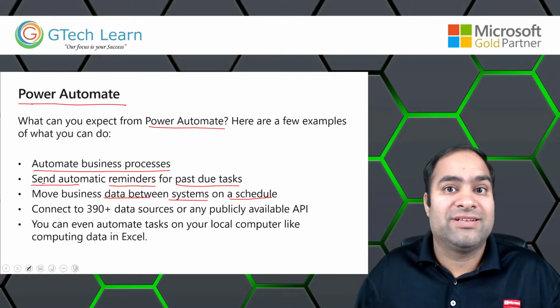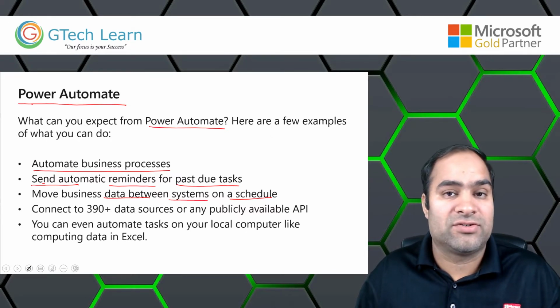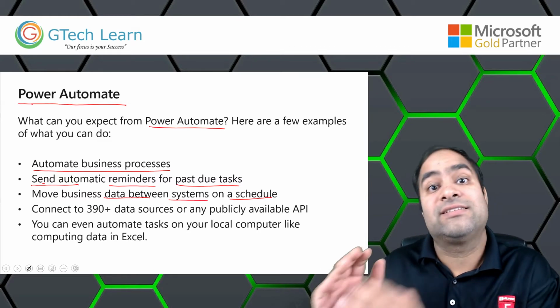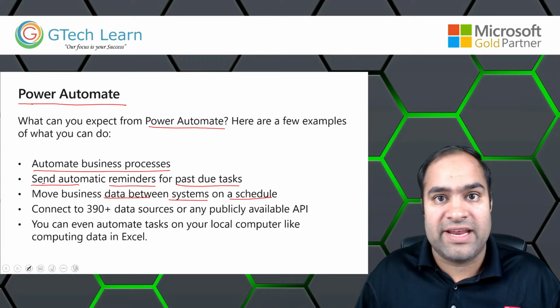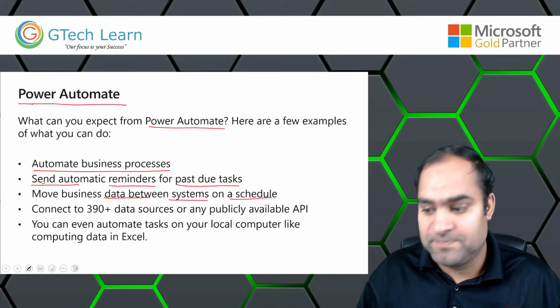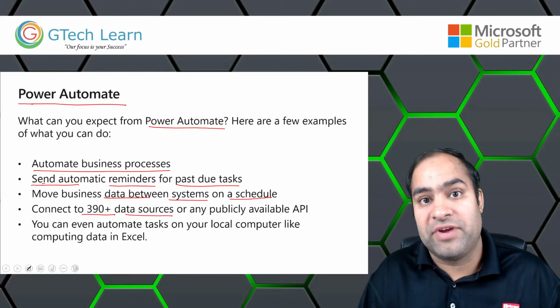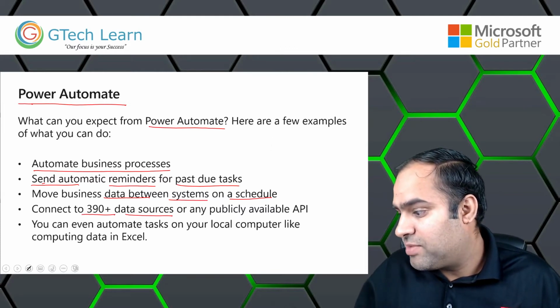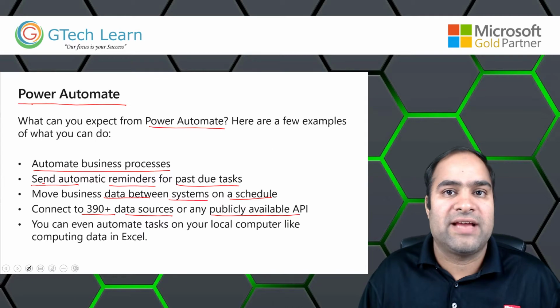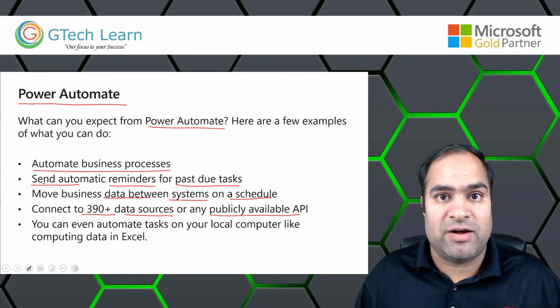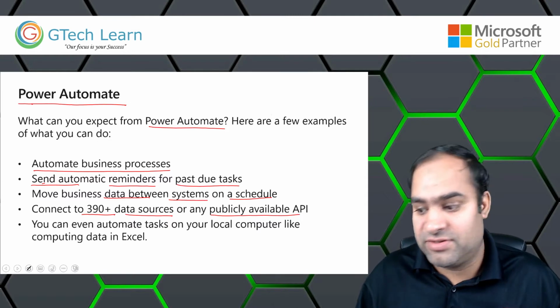We have more than 390 connectors already, and on top of that, you can create custom connectors if required for any kind of integration and automation. You can connect to 390 plus data sources which are already there. And of course, you have plenty of publicly available APIs as well, which can be consumed and utilized within Microsoft Power Platform and Power Automate structures.